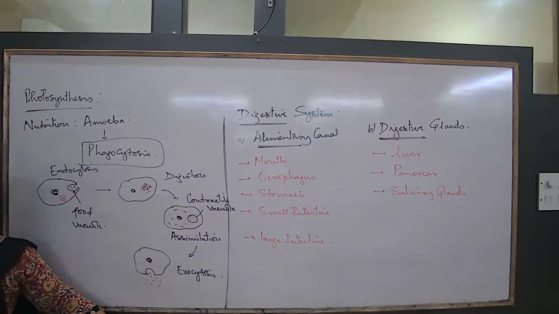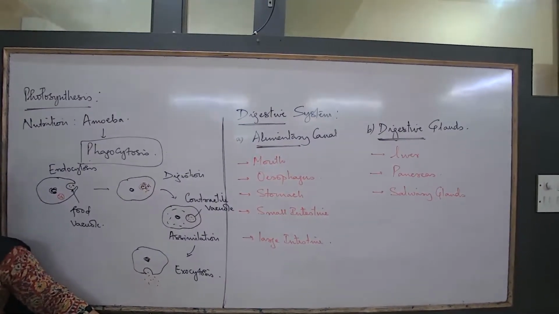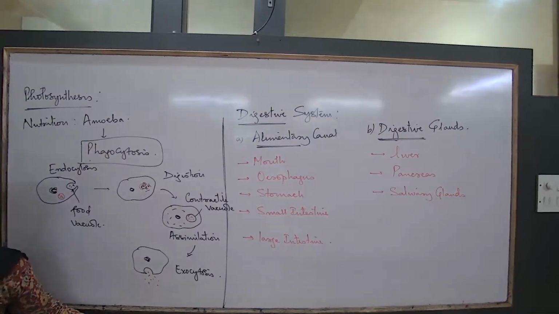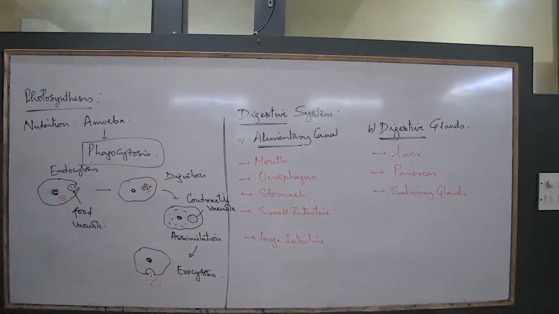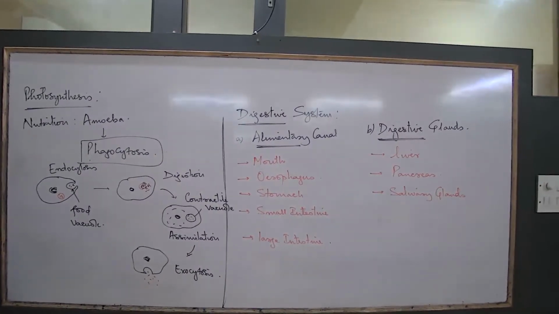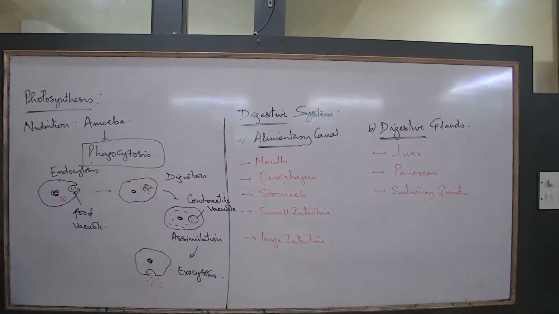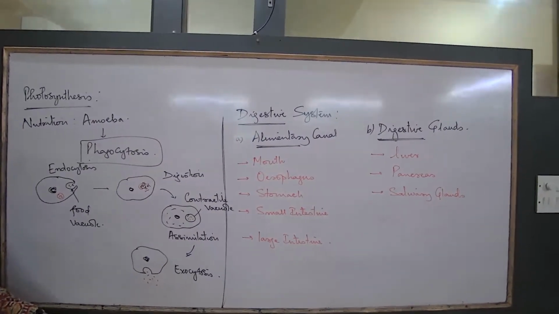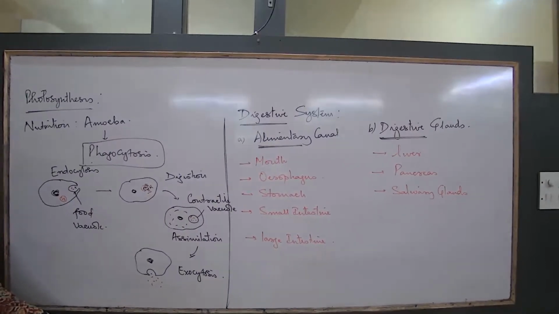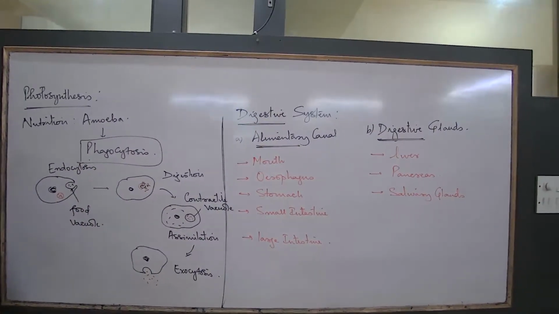Does the food ever enter into the pancreas? Does the food ever enter into the liver? No. The food would never enter these parts, but they are still very essential for the process of digestion because they release juices and enzymes. That's the reason they are part of the digestive system, but food will not enter through these organs.